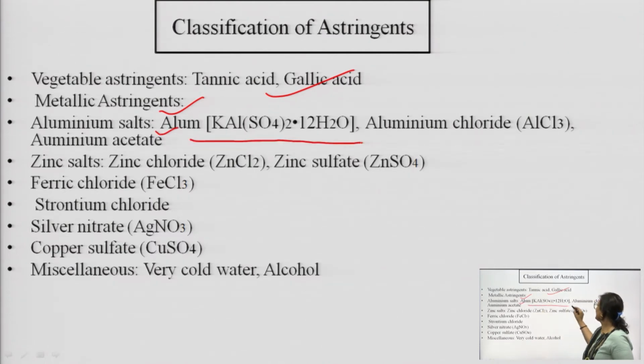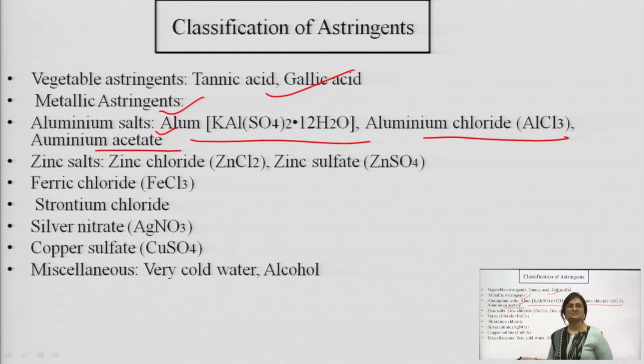Astringents are divided into two major categories. Number one, vegetable astringents. Number two, metallic astringents. Vegetable astringents are obtained from plant sources, and metallic astringents are obtained from inorganic sources, namely aluminium salts.